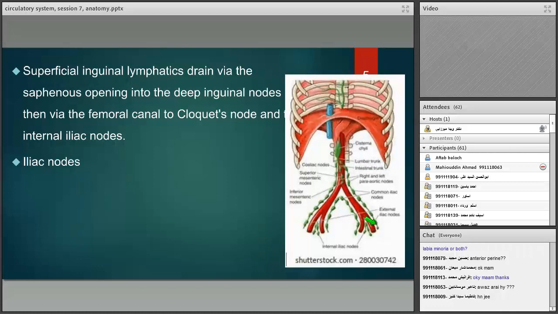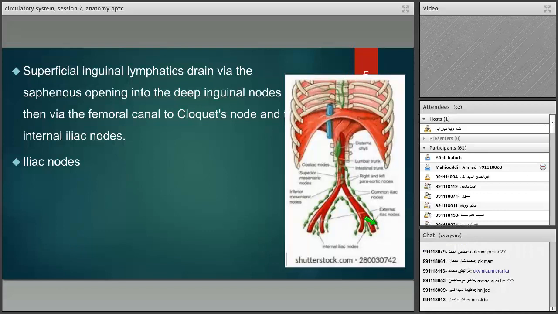They both are receiving the lymph from lower limb and the perineum, and then coming upward and forming the common iliac nodes. They are forming common iliac nodes. Here. Beside the common iliac vessels.